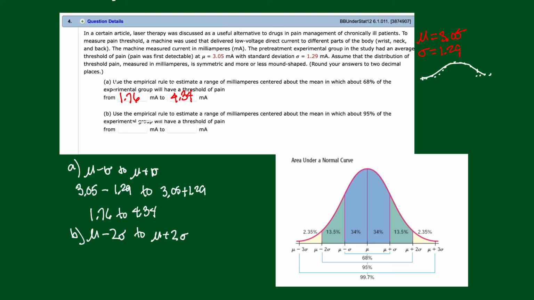So we calculate 3.05 minus 2 times 1.29, to the mean 3.05 plus 2 of those sigmas, 1.29. My calculator shows on the left, 3.05 minus 2 standard deviations is 0.47, and on the right, the mean plus 2 standard deviations is 5.63. So let's put these in here: 0.47 to 5.63.